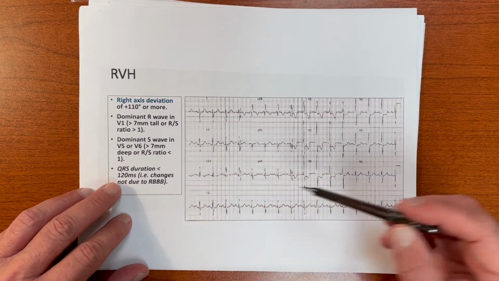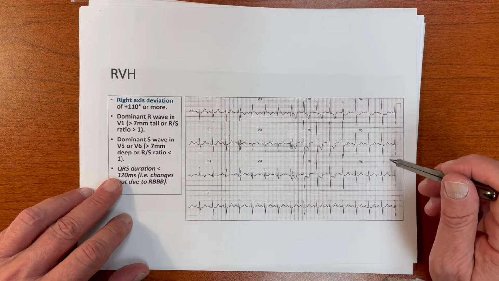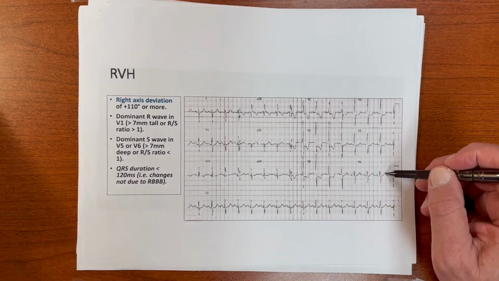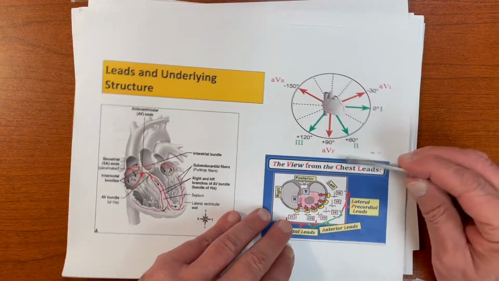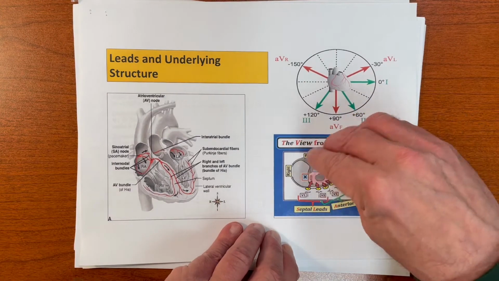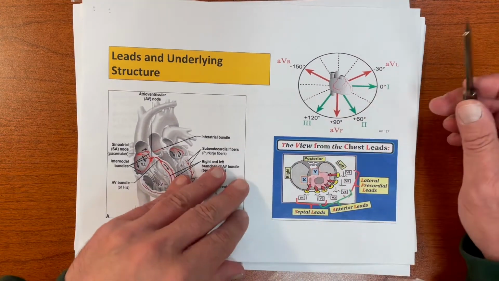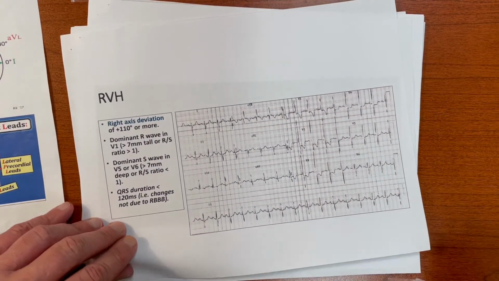And then likewise, you would see a reciprocal change over here, a dominant S wave in V5 or V6 with a small little R wave. So why would that be? Why would everything look small in V5 and V6? Because you're not going towards the left ventricle anymore. You're going away from it. You're going rightward. So you would expect to see negative looking complexes in V5 and V6.